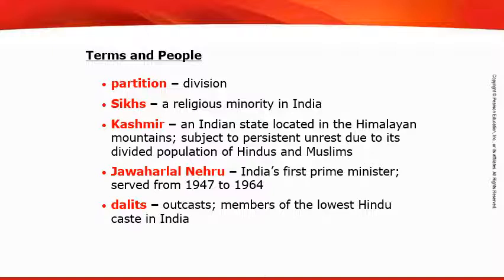Dalits are one of the social segments of Indian society. They are considered the lowest in the social hierarchy of Indian society, and in the past their social status was that they were considered untouchables. Later on, the British rulers made it unconstitutional or illegal.